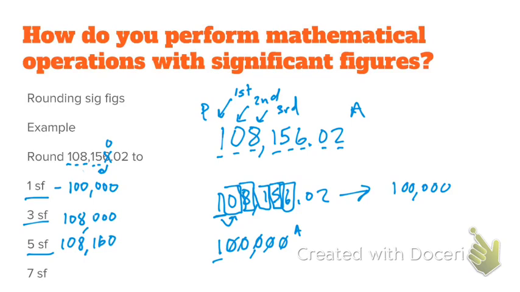This has 5 sig figs. And then 7 sig figs I'm going to keep: 1, 2, 3, 4, 5, 6, 7. In this case, I'll keep the 108,156, and I include the decimal now because I want to count the 0 after. So it'll be 0.0. Notice the 2 tells me to keep it a 0.